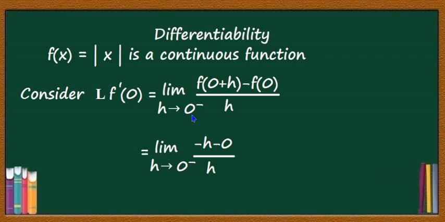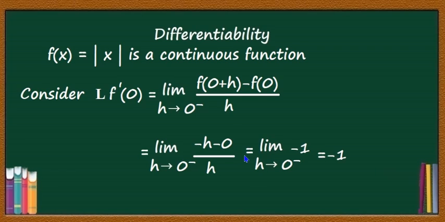Here, as h tends to 0 minus means h is negative. When h is negative, what is f of h? Mod h. When h is negative, what is modulus of h? Minus h. And that's why it is equal to minus h minus 0 divided by h. And h gets cancelled. Limit h tends to 0 minus, minus 1. And that's equal to minus 1.